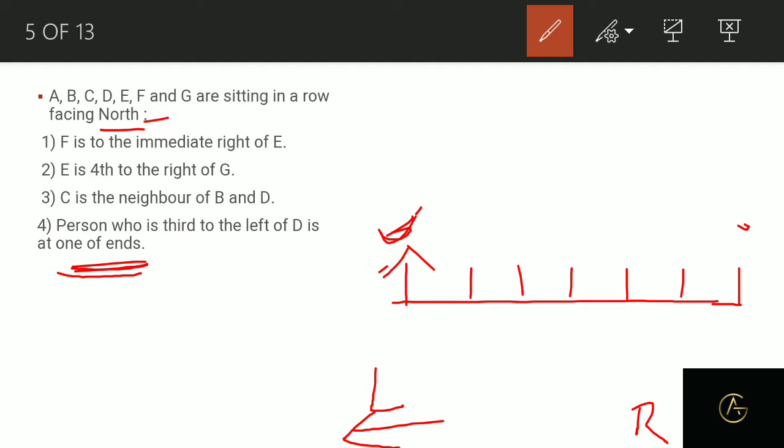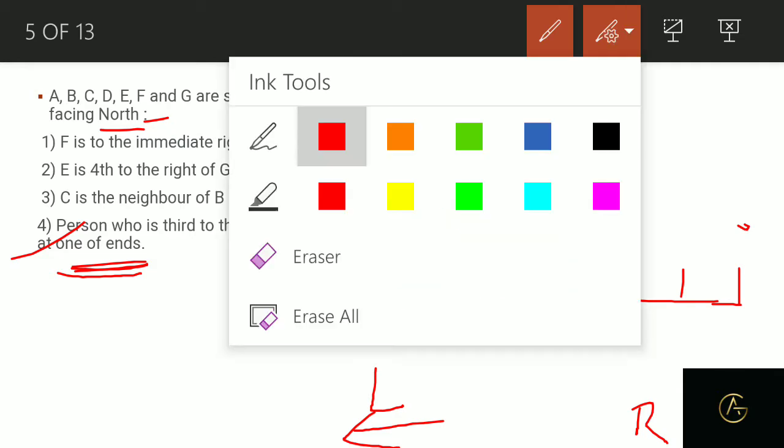So where will D come? Toward the left of this person. 1, 2, 3. Here D will come. So this point is done. Third to the left of D.